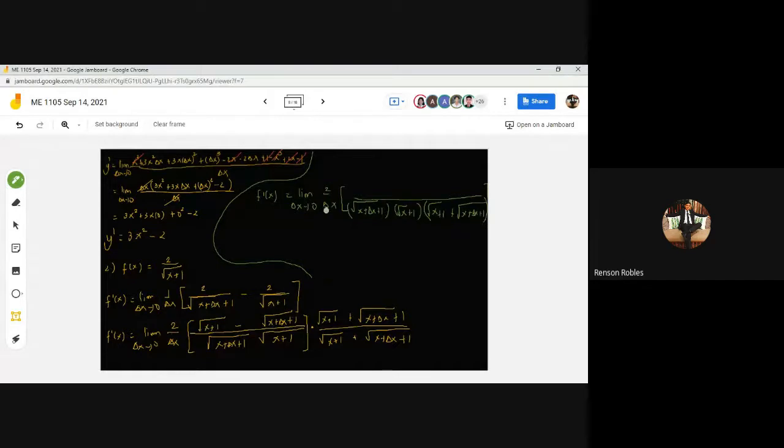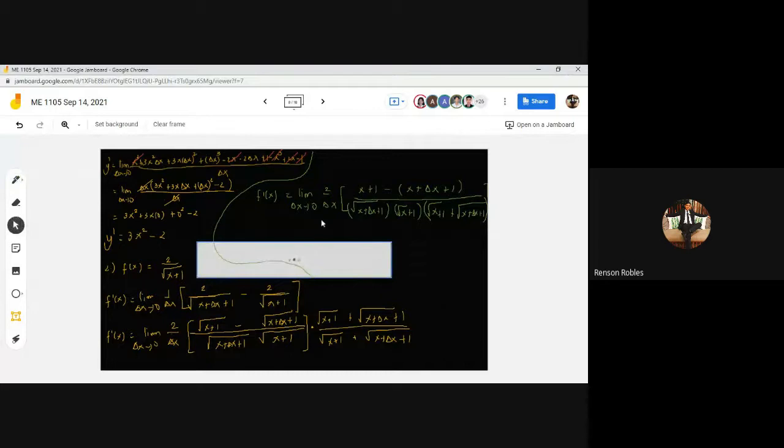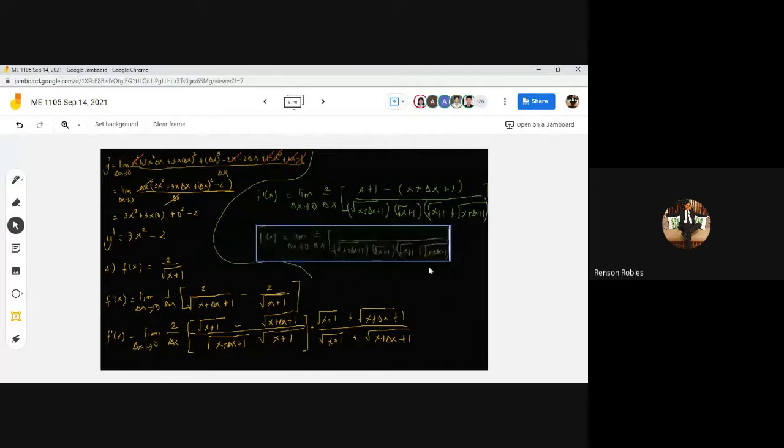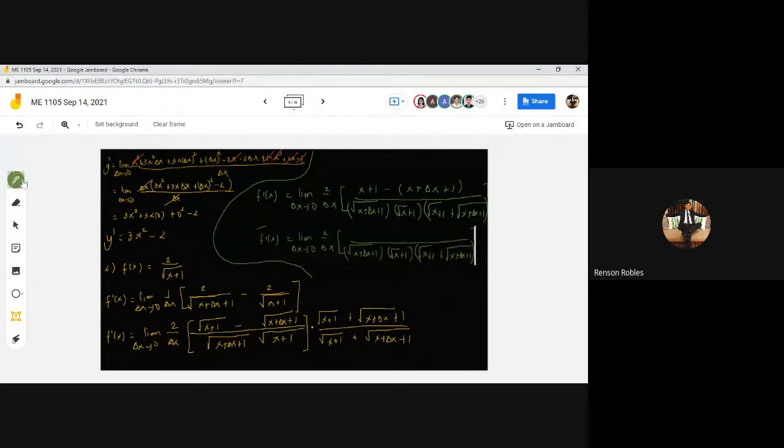So you have x plus 1 minus x plus delta x plus 1. And then you can just simplify. All right. Enlarge natin ng konti. Then the numerator would have been equal to, so this is equal to x plus 1.